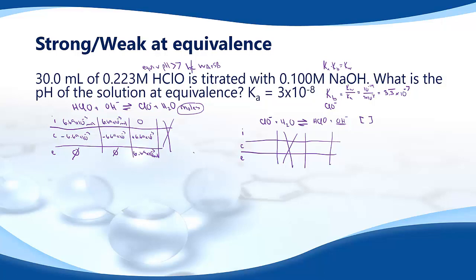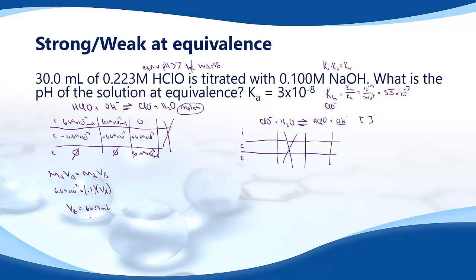So we need to know how much sodium hydroxide we had to add, right? This is where our MAVA equals MBVB comes in. MA times VA is just the number of moles, so 6.69 times 10 to the minus third equals molarity, which is 0.1 molar, times volume of the base. So volume of the base in this case is going to wind up being 66.9 milliliters.